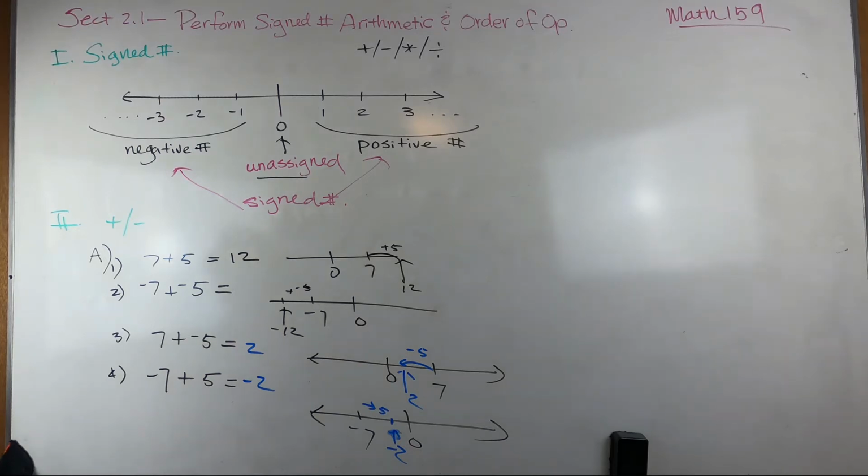So if you have a problem remembering those, what do you think? If you like to dance, then you say, okay, positive, I do right steps. Negative, I do left steps. So you start from 0, you do right steps, 7 steps, then you go left 5 steps, right? Then I used to have a bunch of soccer players.